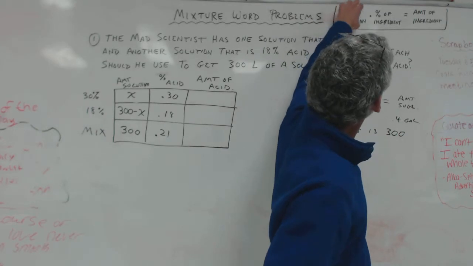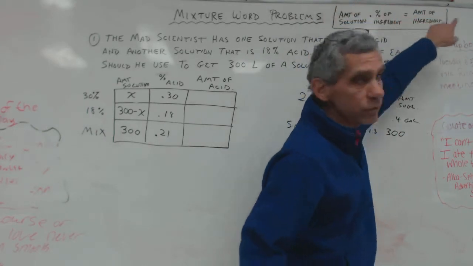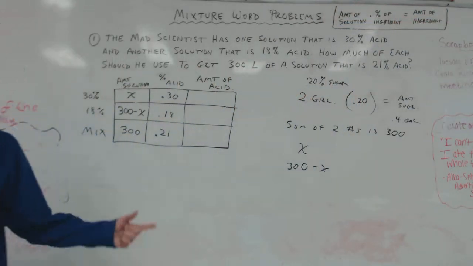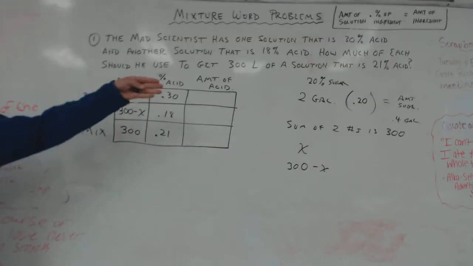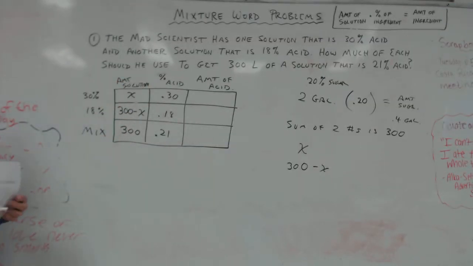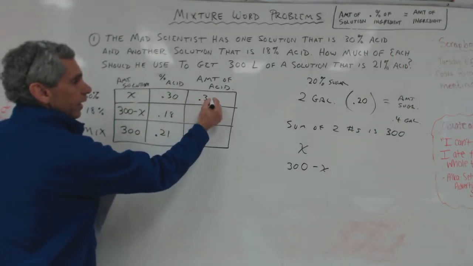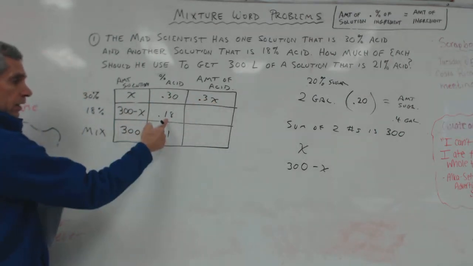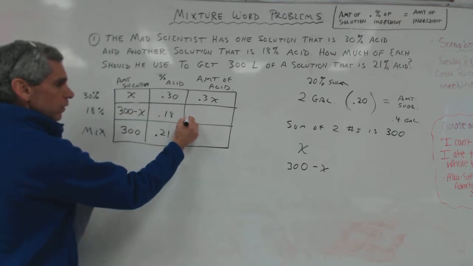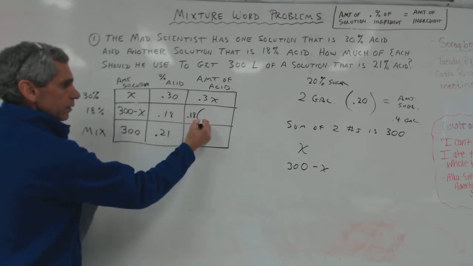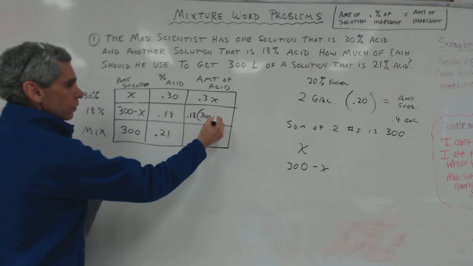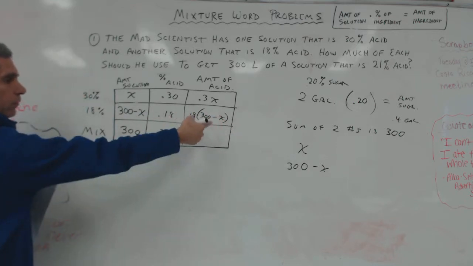So here's my formula. It's the first column times the second column equals the third column. So now that I've got the two columns filled out, it's really easy. All I have to do is multiply, right? So that times x is just 0.3x. This times this, I like to just write it as 0.18(300 minus x). I don't like to figure it all out right here.